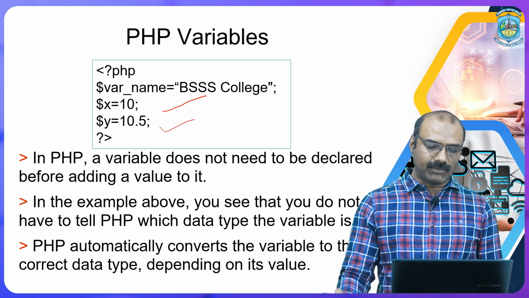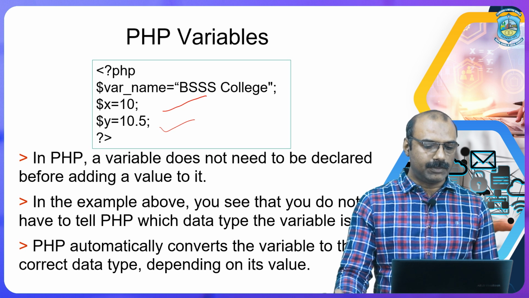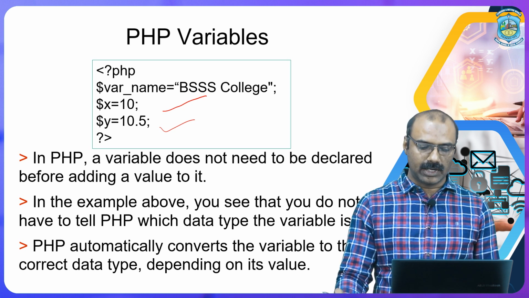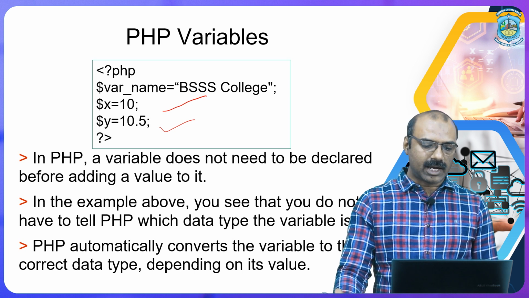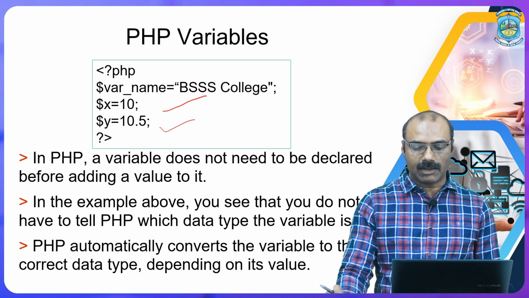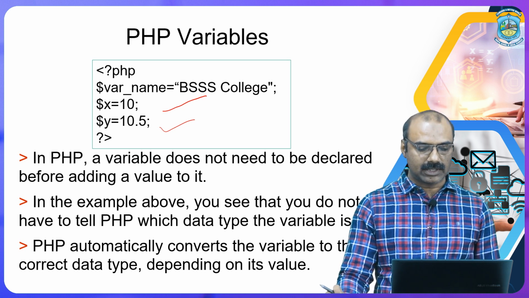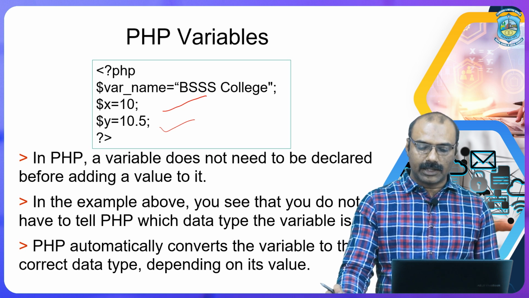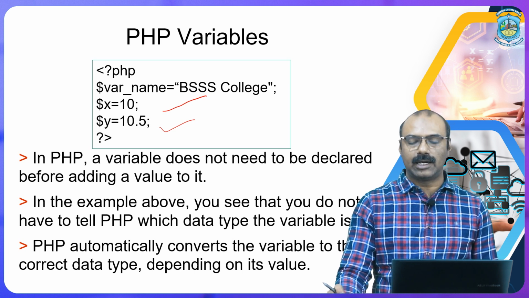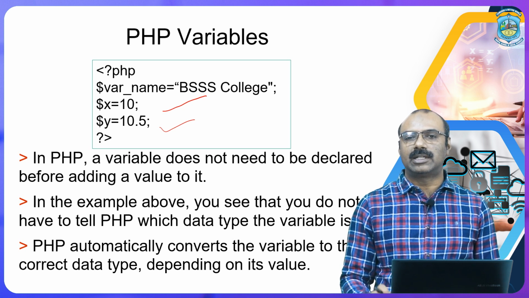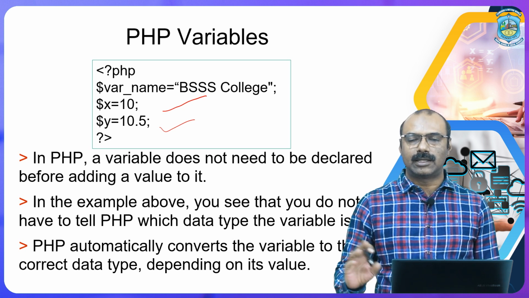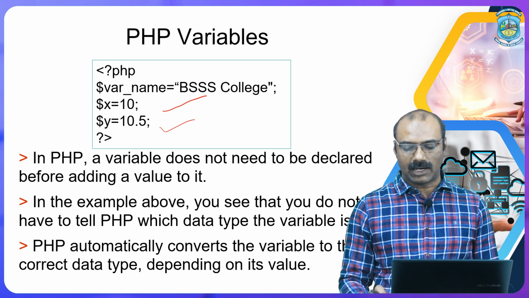In PHP, a variable does not need to be declared before adding a value to it. In the example above, you do not have to tell PHP which data type the variable is. As we have discussed, PHP automatically converts the variable to the correct data type depending on its value. This is a very important feature that we have in PHP compared to other programming languages.